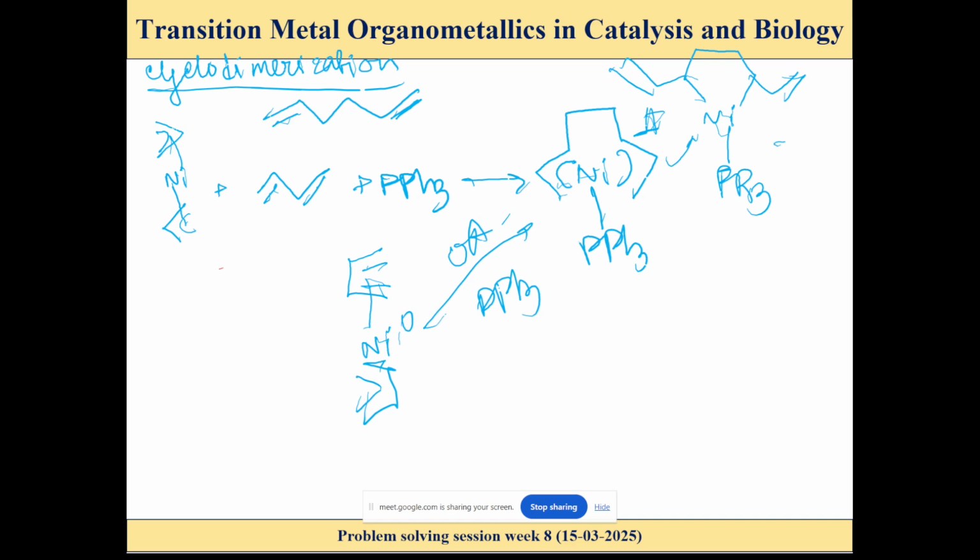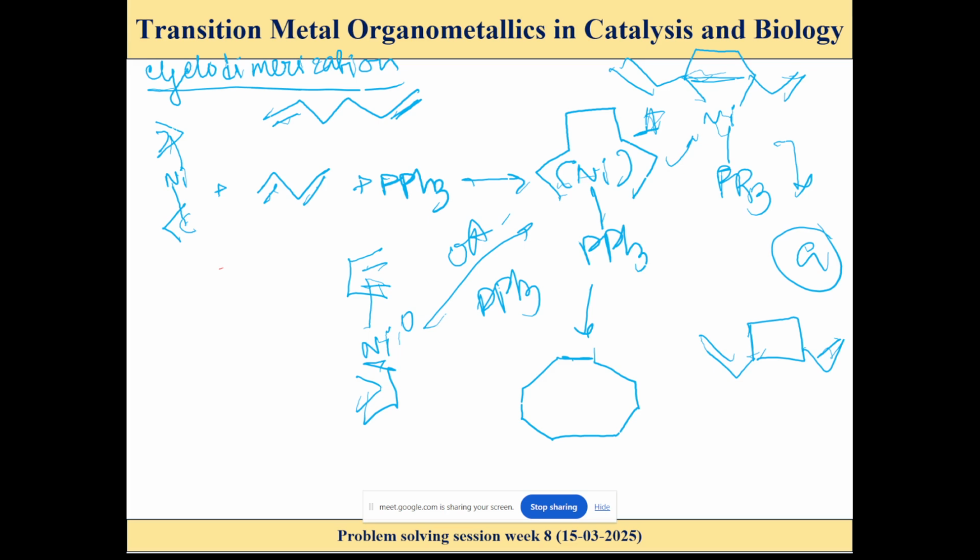Now it gives option A, a cyclobutane ring as a product by the reductive elimination. Now this compound also undergoes reductive elimination and gives the same type which was formed previously, that is COD, the cyclooctadiene.